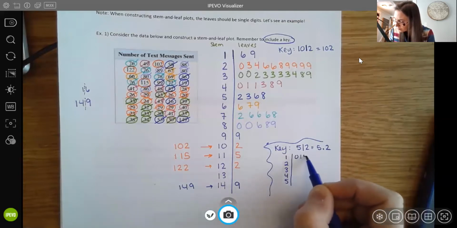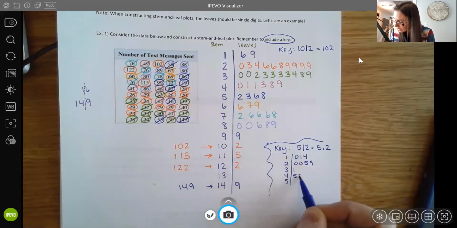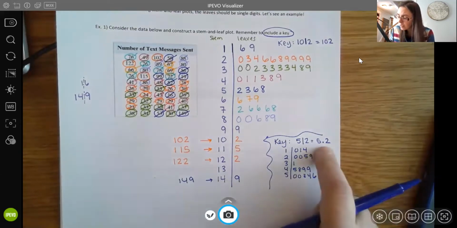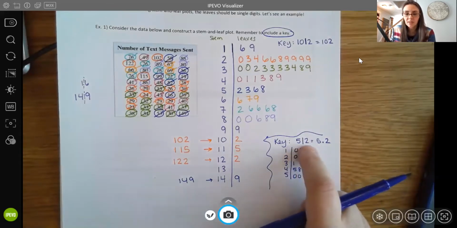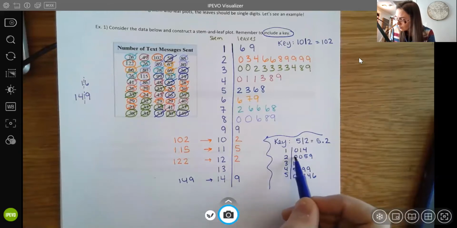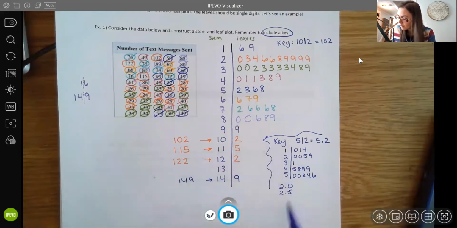Maybe I have 1, 2, 4, 0, 0, 5, 9, 1, 5, 8, 9, 9, and then, I don't know, 0, 0, 3, 4, 6. So something like this. Well, here your key is telling us that this is not the number 52, it's the number 5.2. So something like 2, 0 would be 2.0, or 2, 5 would be 2.5, or 4, 5 would be 4.5.